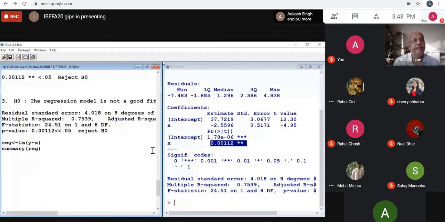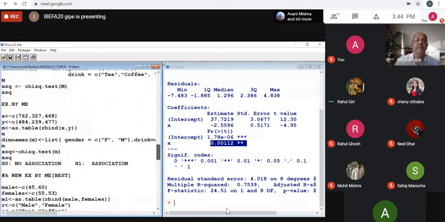Sir, before doing this hypothesis test, we were getting which hypothesis is significant or not. So what did we find additionally by doing this hypothesis test? The entire regression parameters.